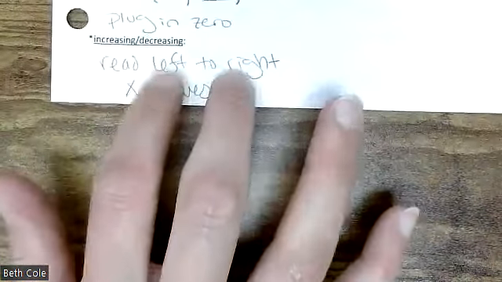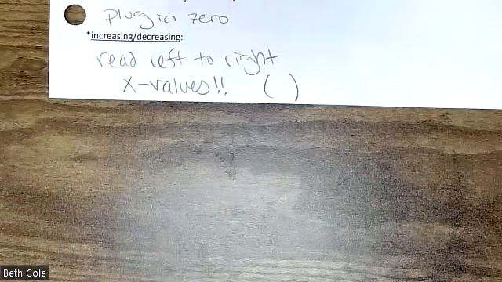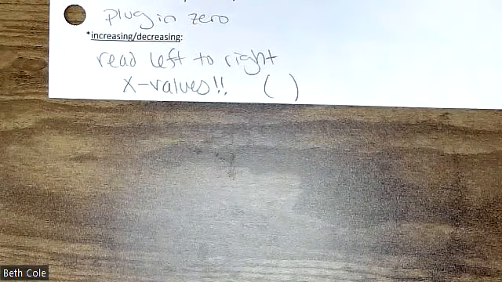I'm not teaching you that. What does increasing mean? Going up, and decreasing, congratulations, you've been alive for 16 years, okay? Like, I'm not teaching you what those words mean. I'm teaching you the notation of how to write it. So read left to right. Also, always use parentheses for these. Just always parentheses. Don't ever put a bracket with it, just use parentheses.